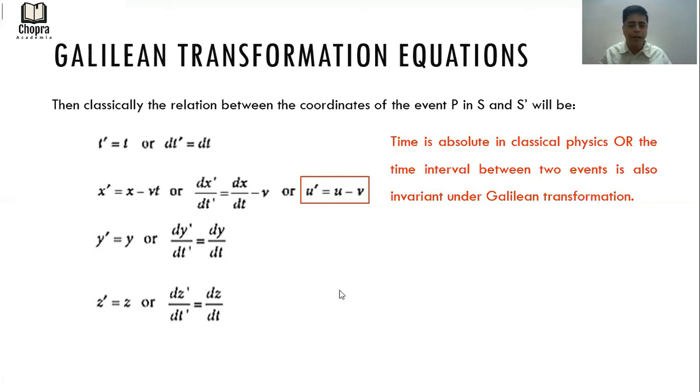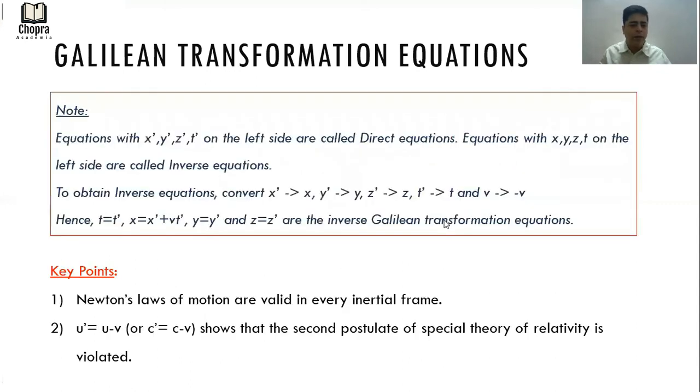It's very important to understand the notations or the terminology used in this module, wherein I've written it as note here: equations with primed quantities, which are x dash, y dash, z dash, t dash, on the left hand side are termed direct equations. So you can call it direct Galilean transformation equations.